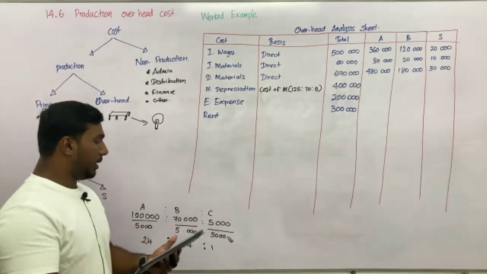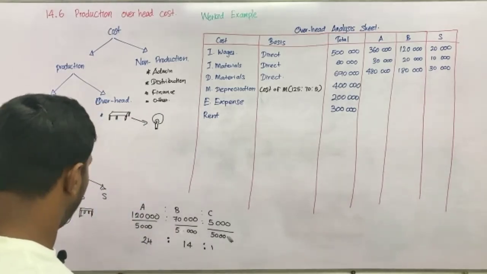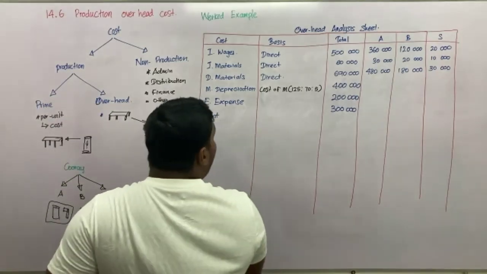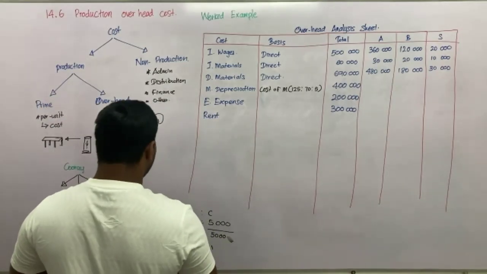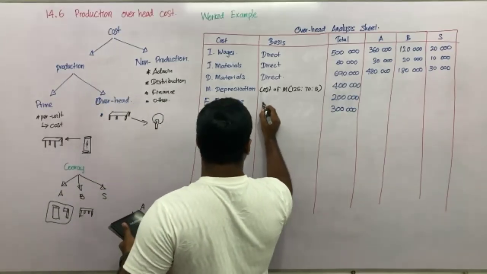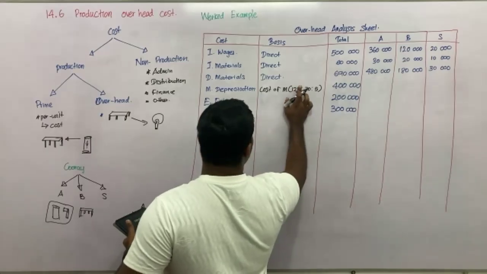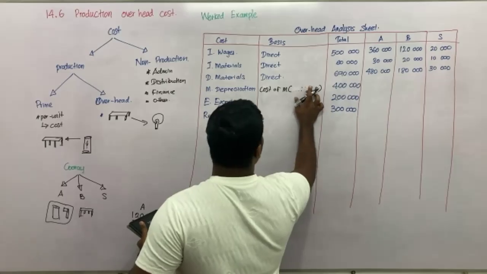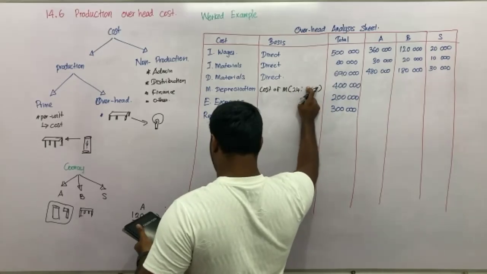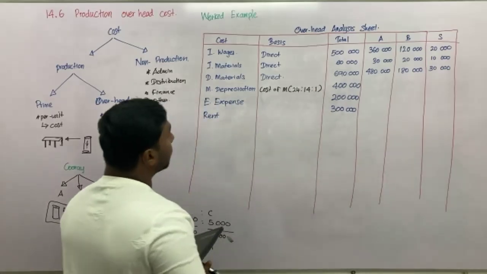So this will be the appropriation basis: 24 into 14 into 1.